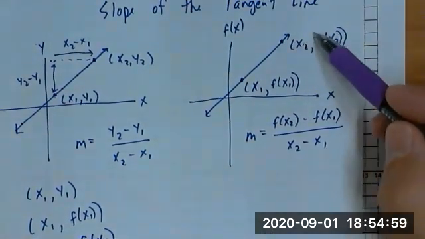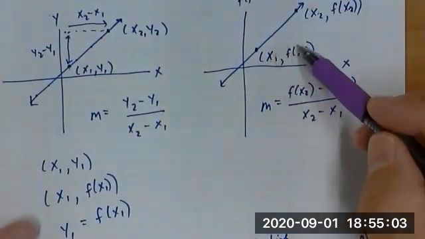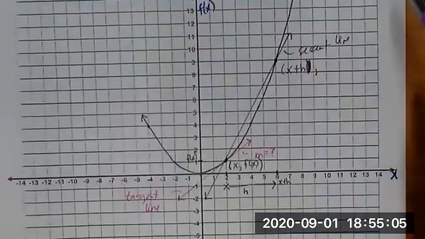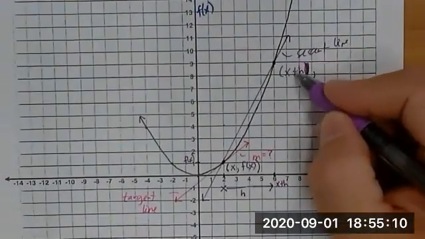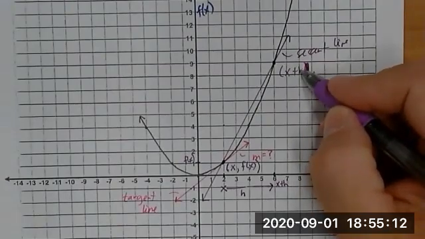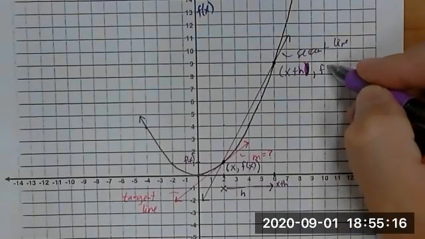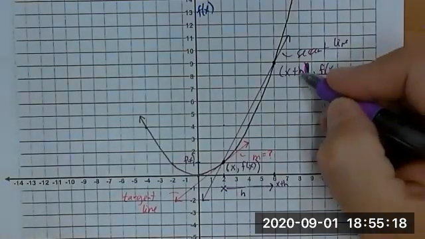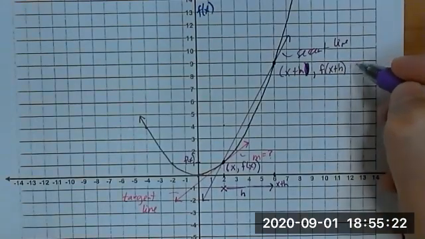So whatever's here goes here. Down here, when you have x1, whatever's here goes here. Look at this point. My x is actually x plus h. So what is this value going to be? f of x plus h.